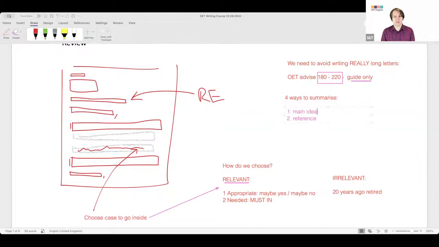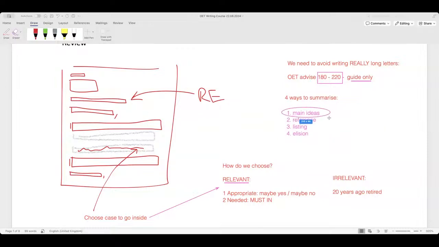What else, guys? Listing. Something called listing, and the last one, listen. Okay. I'll talk more about these later. I know we didn't really talk in any detail. What's the most important way to summarize, though? The best way to summarize? Main idea. That's this one, okay.